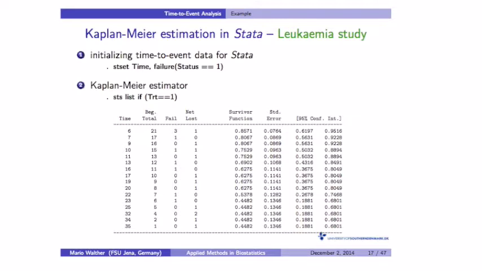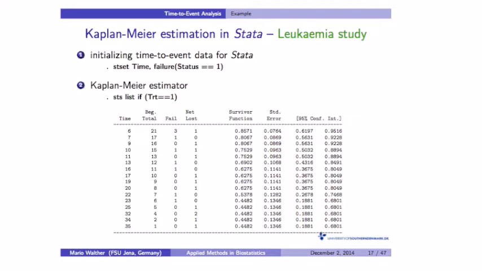Is it just an estimate on the graph? It's an estimate for the population. You can't say in general that the 10-week survival probability for the whole population in the treatment group is 75%. It's only an estimate. The estimate has some uncertainty, which is given here in the 95% confidence interval.